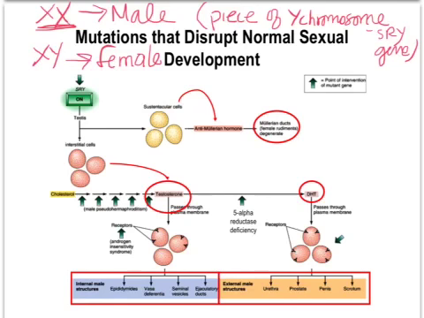Similarly, the XY females were carrying a Y chromosome that was missing the SRY gene, and because of that, they turned into females even though they are XY. A lot of the information I just told you originated from studies like that.